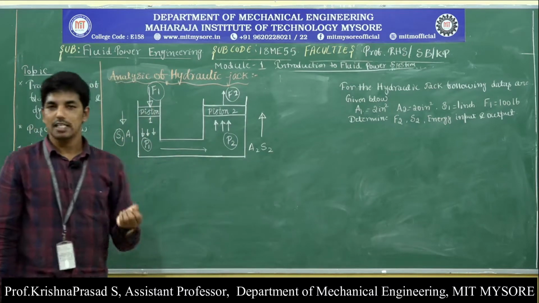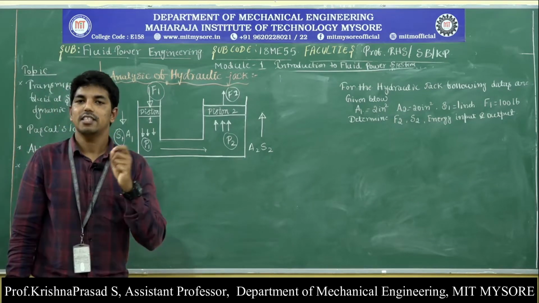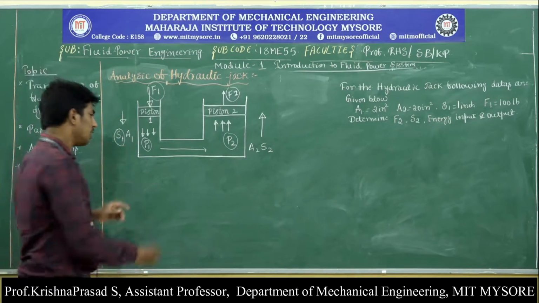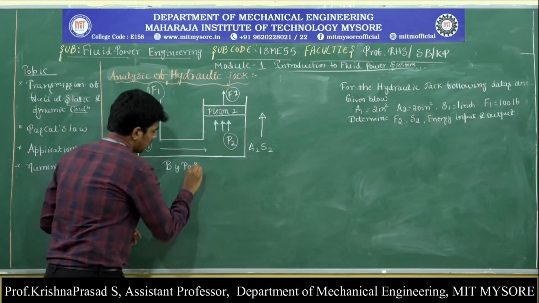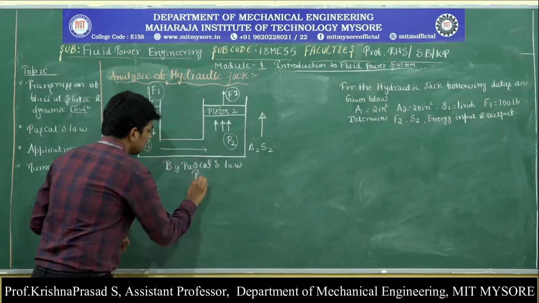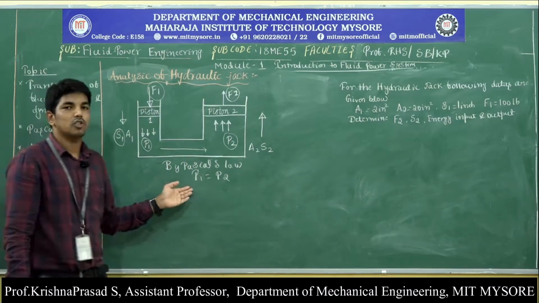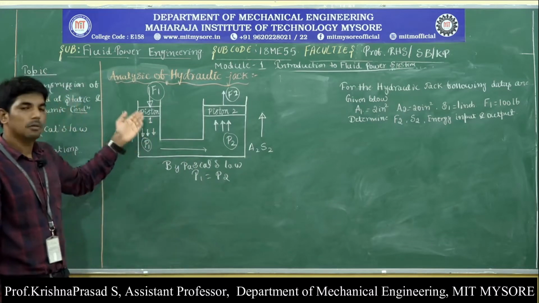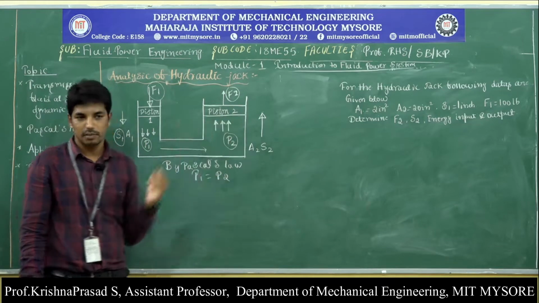But according to Pascal's law, the pressure at all points of the fluid is the same in all directions. So by Pascal's law, P1 is equal to P2. P1 is the pressure acting on the first cylinder and P2 is the pressure acting on the large diameter cylinder.